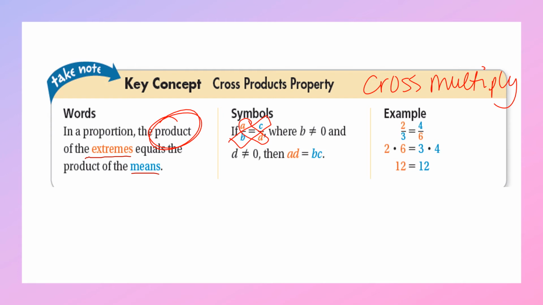So for example, you guys probably have seen this in Algebra 1 or Algebra 2. We are taking 2 times 6 and setting it equal to 3 times 4, just to check and show you guys that this property is true. 2 times 6 equals 12 and 3 times 4 equals 12. So we can apply this to solving for variables now as well.